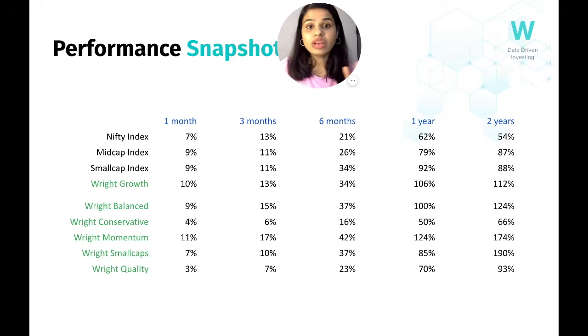We have done really well in the 2 year horizon, where we had the March crash as well as the recovery rally. We have done really well in the last 1 year, which has been a bull market, but even then we have done much better than the indices, and we have been doing really well in the 6 month, 3 month, and 1 month horizon. So, Right Research has been delivering on its promise of good performance at a very well managed risk.